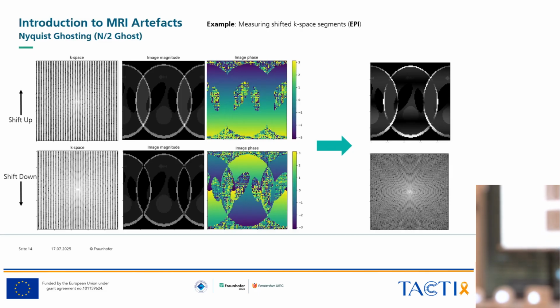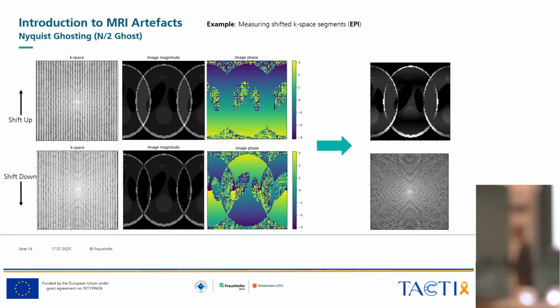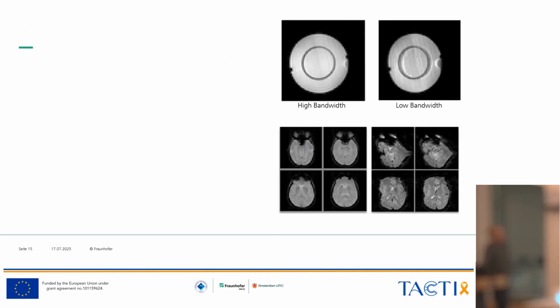And you will see these shifted lines in your k-space data set. So this is typically what you see with EPI sequences, and this afternoon we will also learn how they are usually corrected.